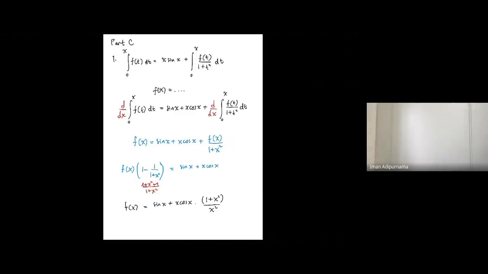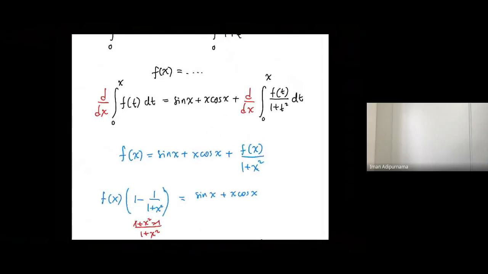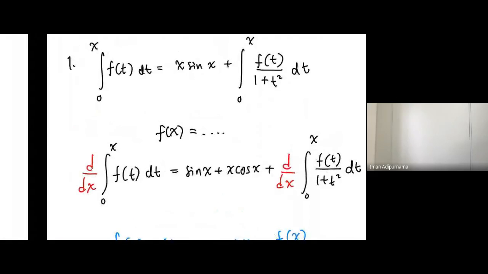Okay, part C. I hope this is not too complicated. So you have all these functions here, and you need to find f of x. Differentiate both sides. Okay, put the dx, and this one becomes the product rule.